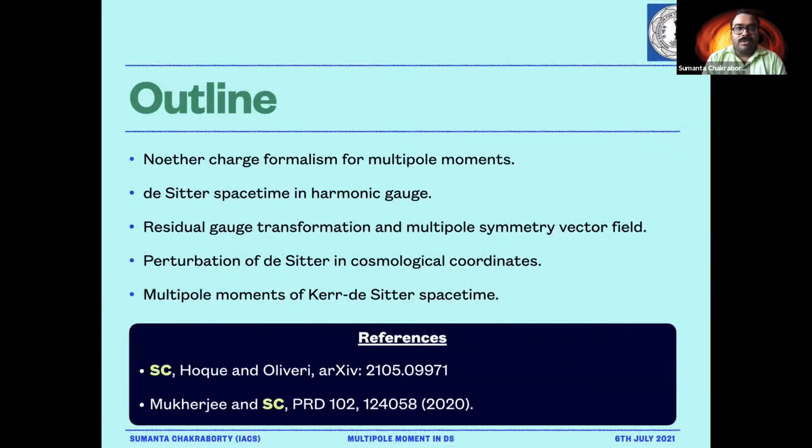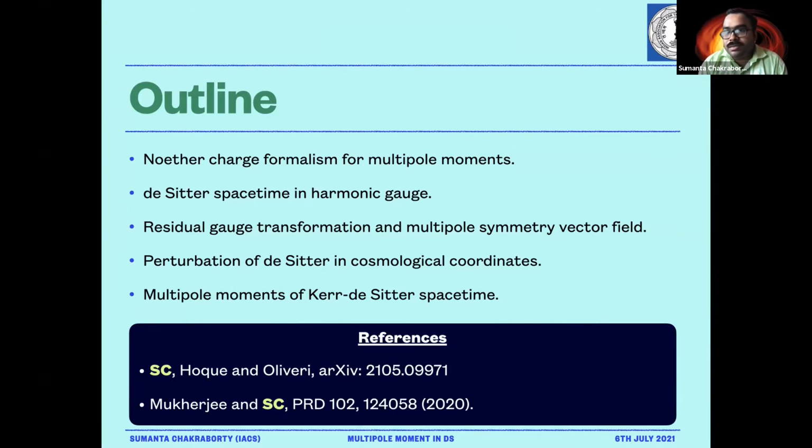So this is a brief outline of my talk. I will first talk about a different way of computing multipole moments, namely the Noether charge formalism. Then I will discuss the de Sitter spacetime in harmonic gauge. I will explain what this gauge is and why it's important. Then I will talk about certain residual gauge transformations and the multipole symmetry vector field which is associated with it.